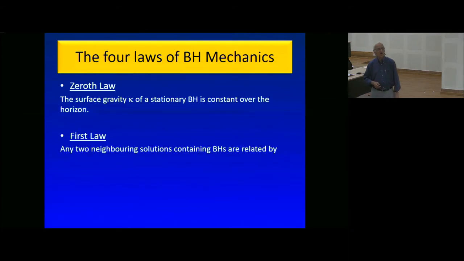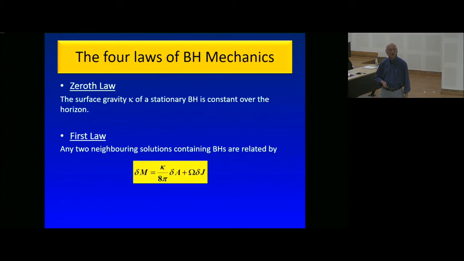The first law of black hole mechanics says that any 2 neighboring solutions containing black holes are related by the relation delta M is equal to kappa over 8 pi, delta A plus omega times delta J. J is the angular momentum, omega is the angular velocity, and A is the surface area of the black hole.